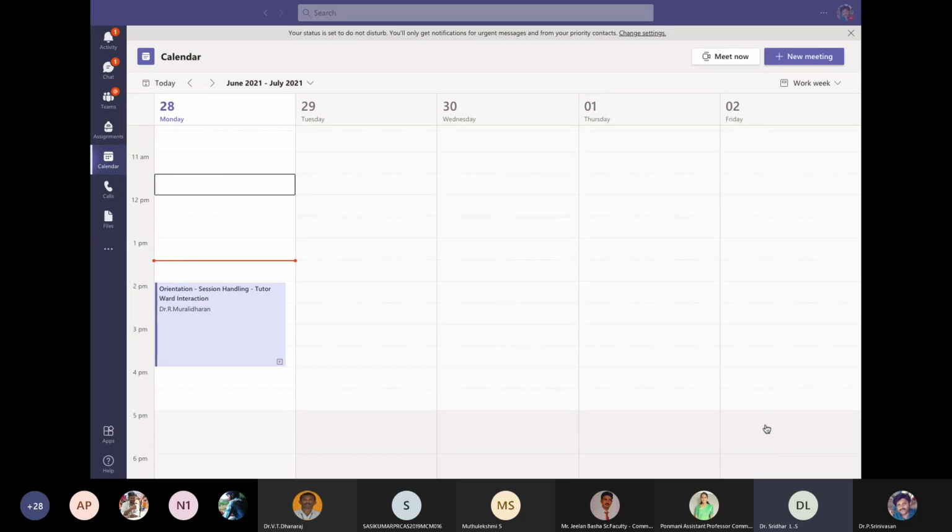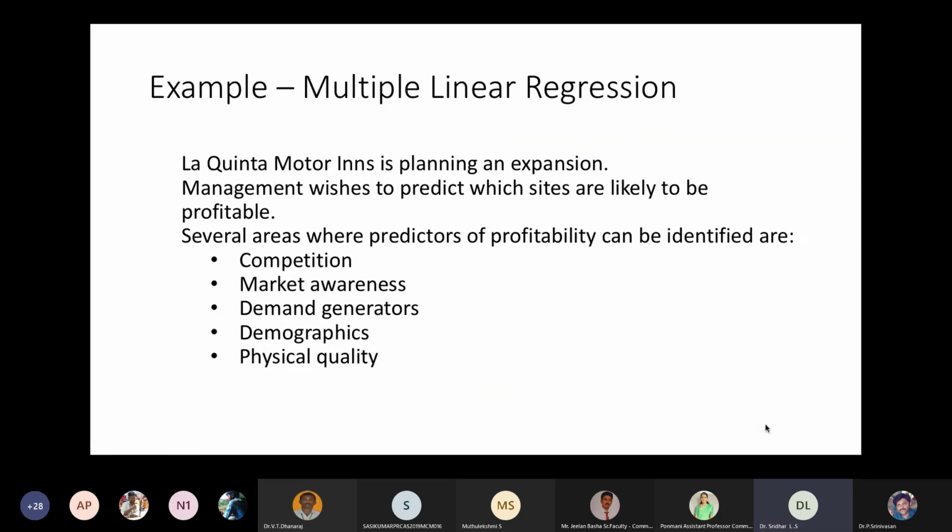Can you see multiple linear regressions? No, sir, I'm seeing only the calendar.